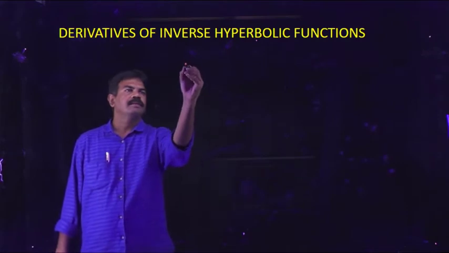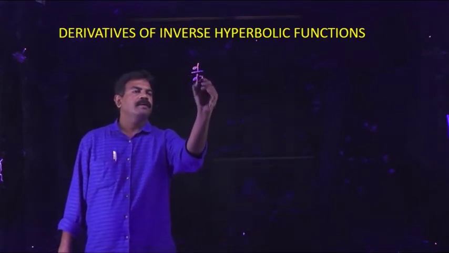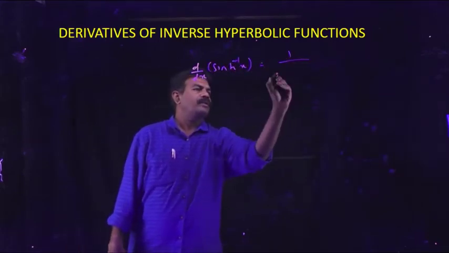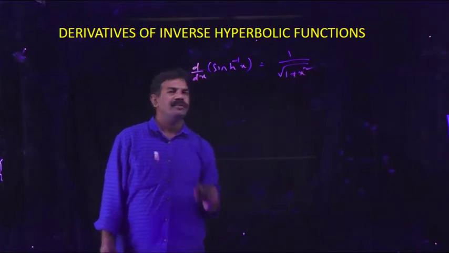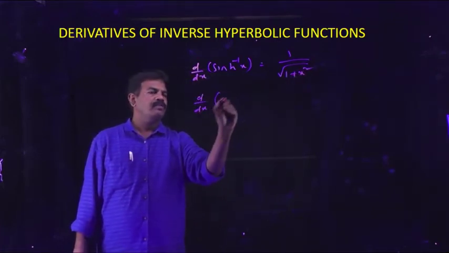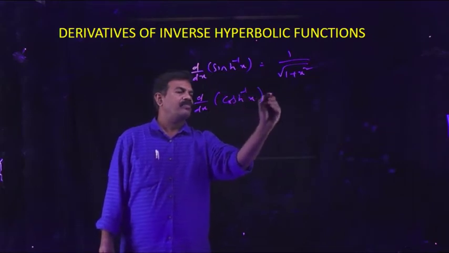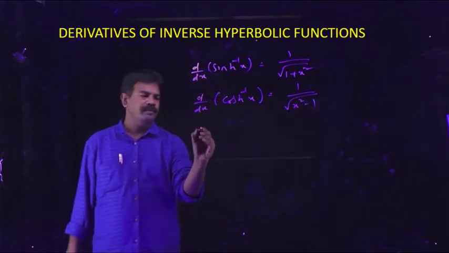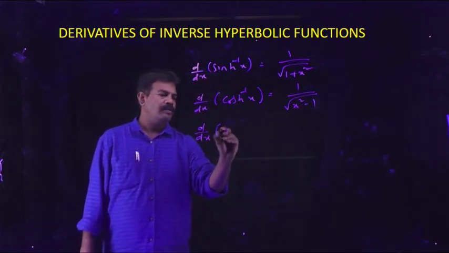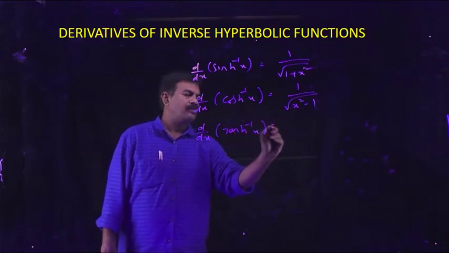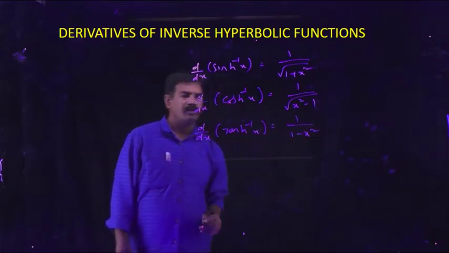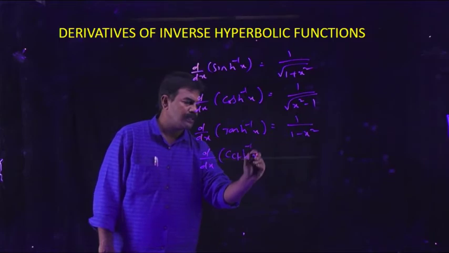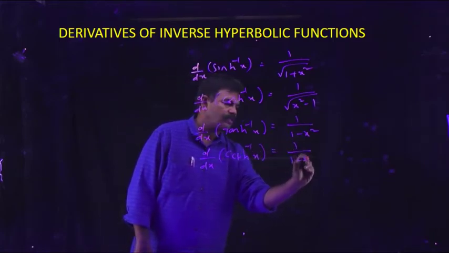That is, d by dx of sinh inverse x is equal to 1 by root of 1 plus x square. d by dx of cosh inverse x is 1 by root of x square minus 1. d by dx of tanh inverse x is equal to 1 by 1 minus x square. d by dx of coth inverse x is equal to the same formula, that is 1 by 1 minus x square.